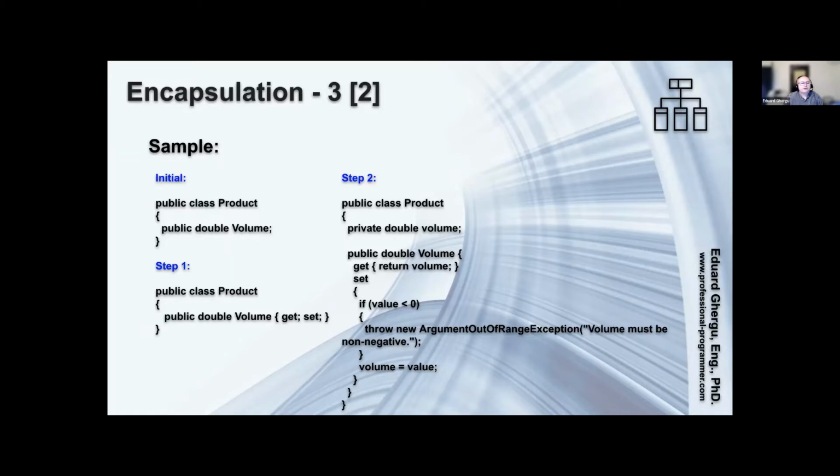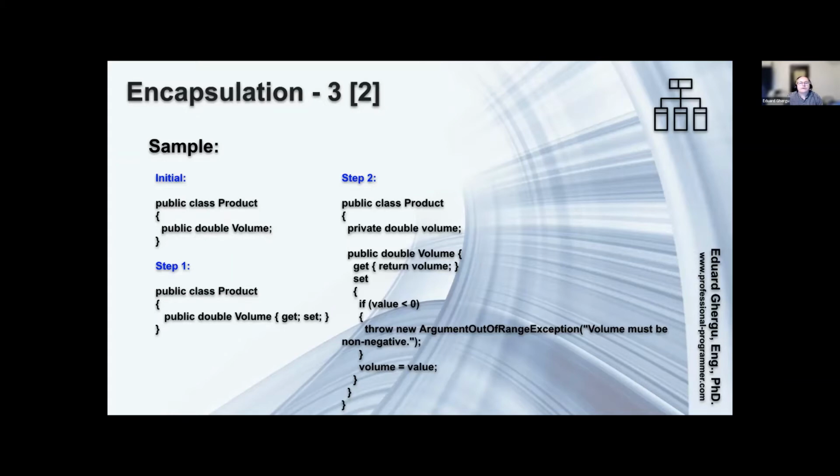So there can be different methods for this purpose, but the idea in the end is the same. So if we have a property, at least we can have some validation implemented on the setter.